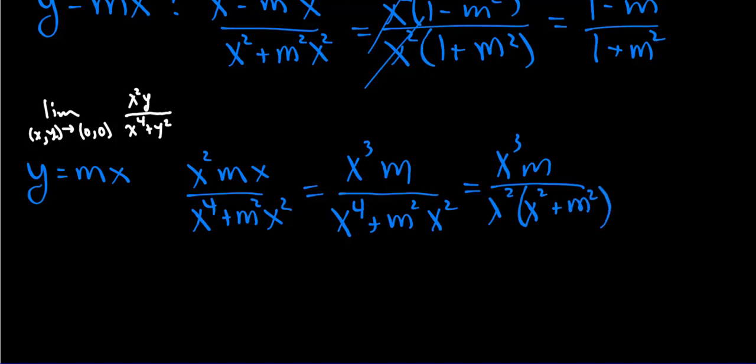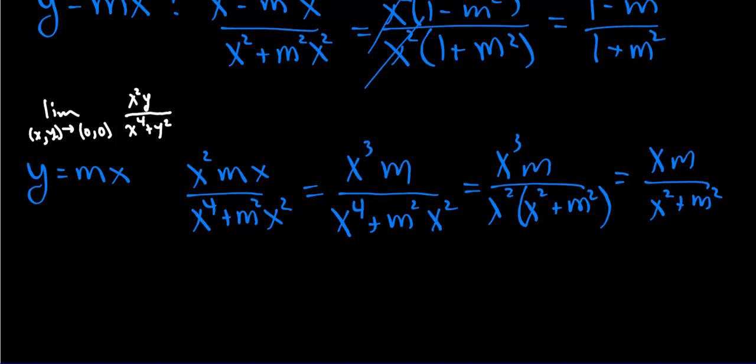And really, that's not going to help us, is it? We've still got all these x's in there. I mean, what we would get is xm over x squared plus m squared. And that really doesn't help us because we still got x's in the mix.